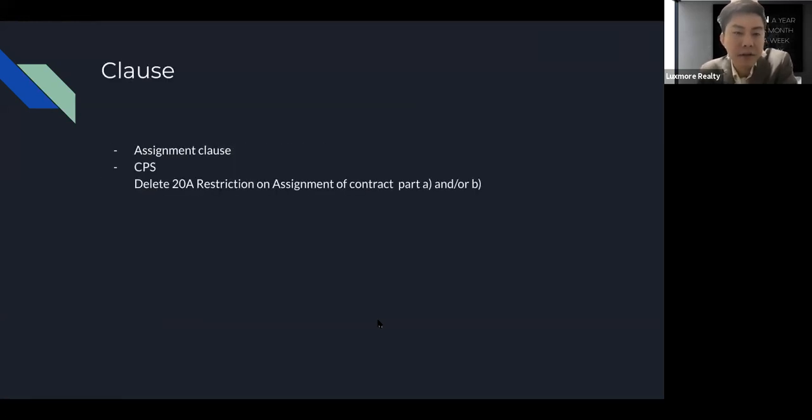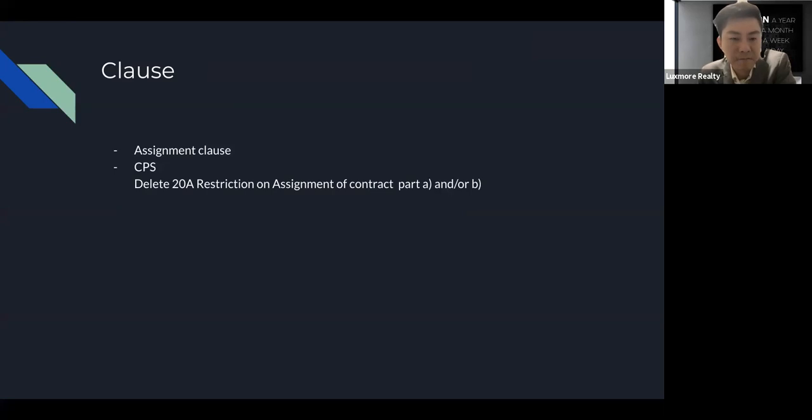The clause you have to include in your CPS if you want to assign your contract in the future is called the assignment clause. You can find this assignment clause in your web form. Just search assignment and you will see the assignment clause. It usually says that the seller agrees to let you assign this contract to any third party without further consent, and it does not release the buyer from any liabilities from assigning this contract.